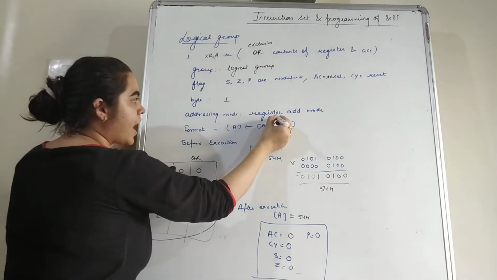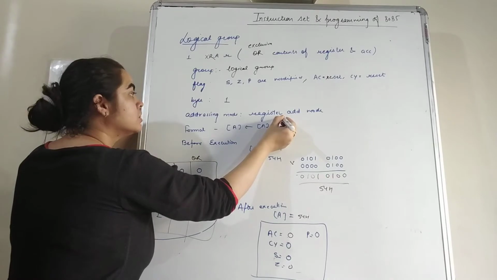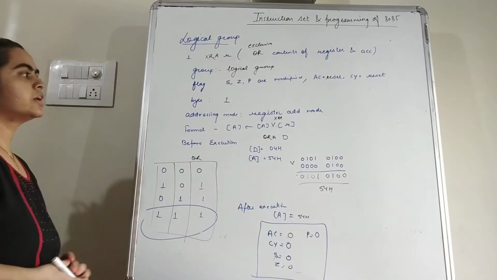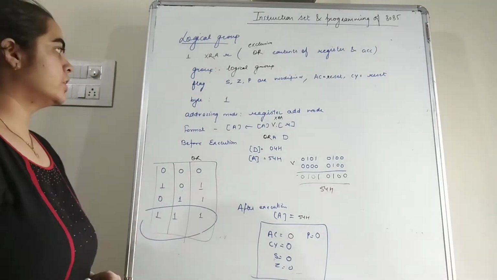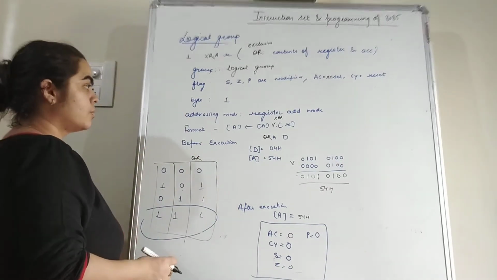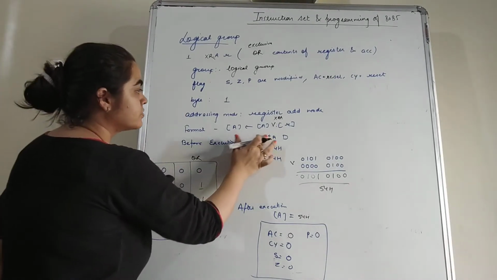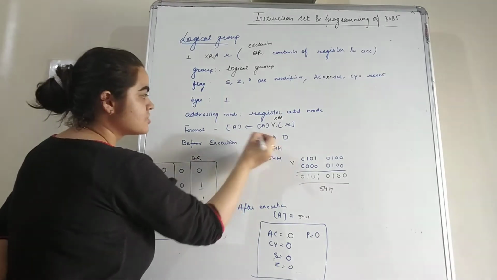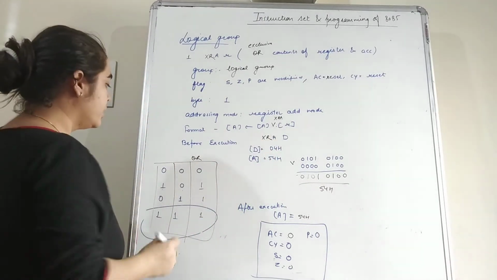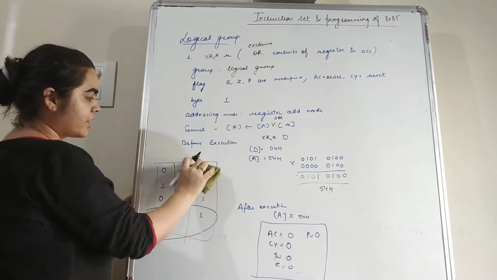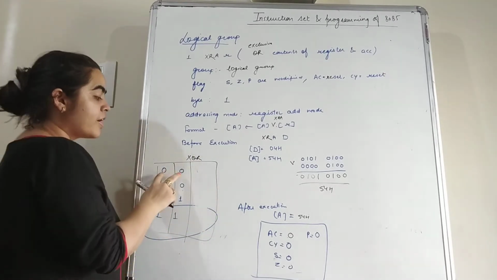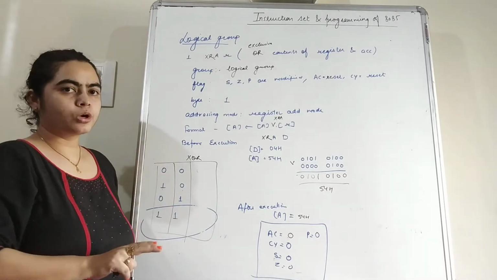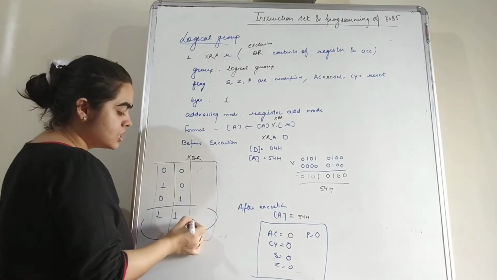So here we have XOR the contents of accumulator with the contents of R, and the result is stored in the accumulator. So students, suppose we have the example with instruction XRA D. So you can see in the table first what will be the value of XOR. When both the values in the input are same, then the result is 0.